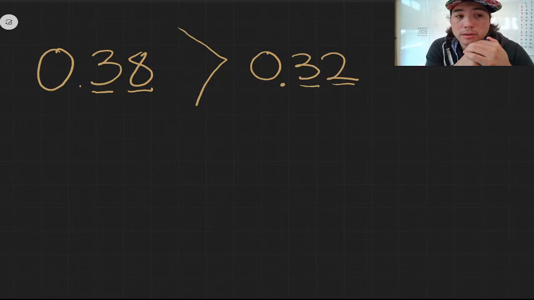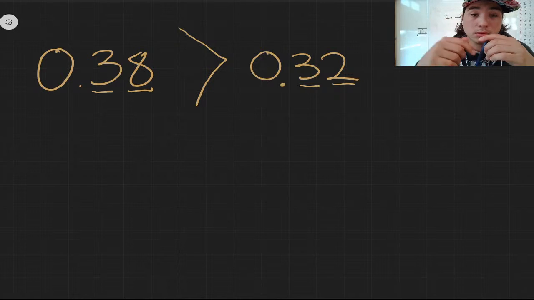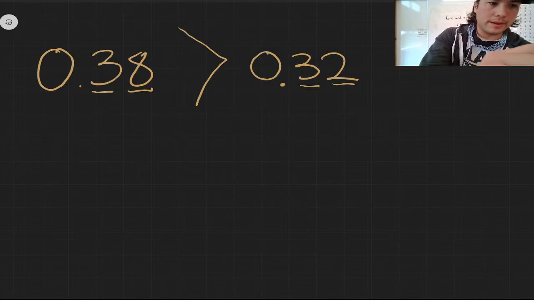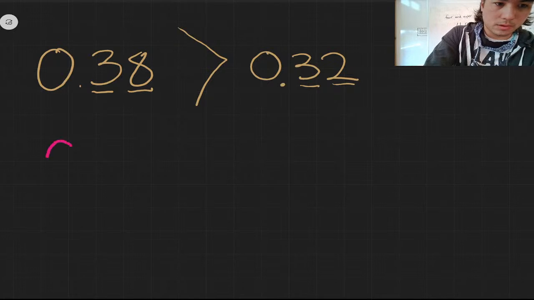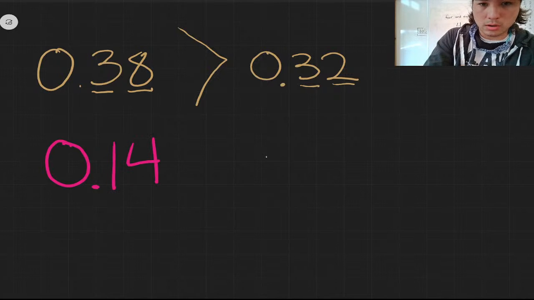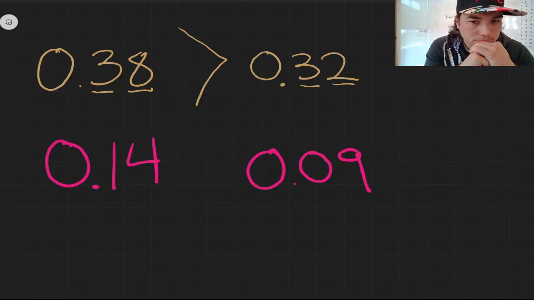Just your daily and constant reminder that the mouth of the symbol eats the greater value. It wants the bigger portion. 38/100 is greater than 32/100. Similarly here, let's go with this one: 0 and 14/100 or 9/100.